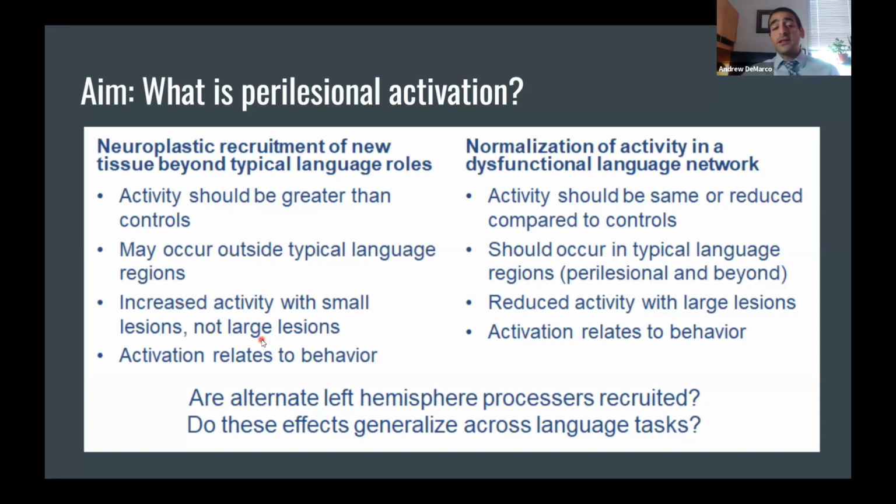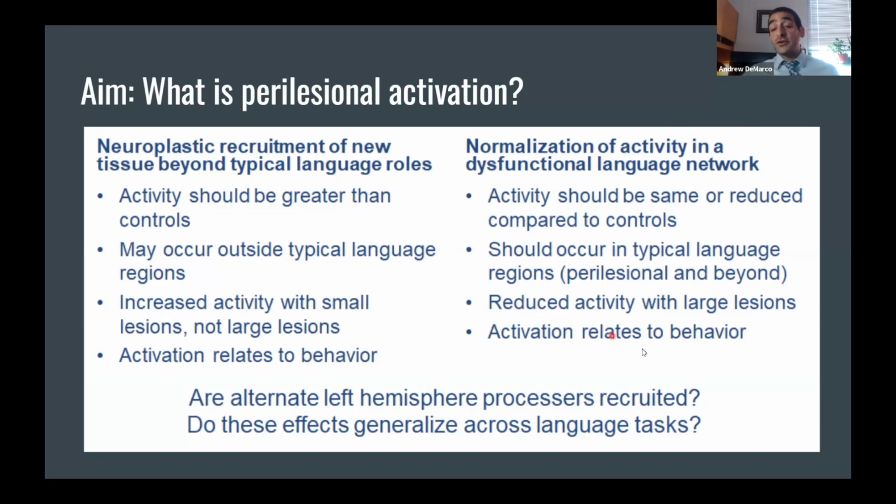I won't go into great detail here, but we may, for instance, find increased activity for small lesions relative to large lesions. Maybe a large lesion destroys any capacity to show changes because of large-scale destruction of tissue. And finally, if perilesional recruitment is at play and it is supporting behavior, then we should find the amount of activation relating to behavioral deficit.